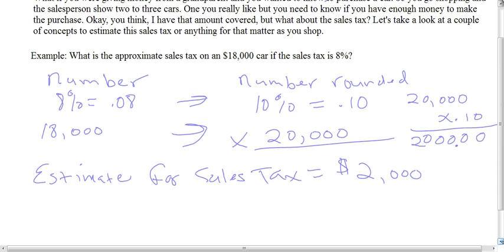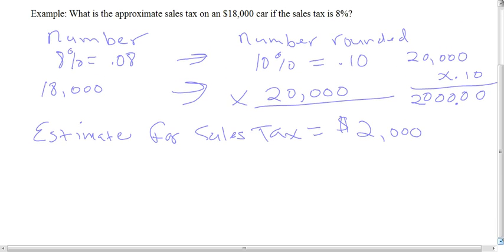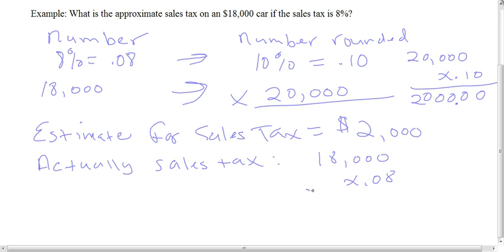So let's go right ahead, since we're this far along, and determine what the actual sales tax is, the difference between estimation and actual. So let's just go ahead and see what our actual sales tax will be. Here we're going to have 18,000 times 0.08.